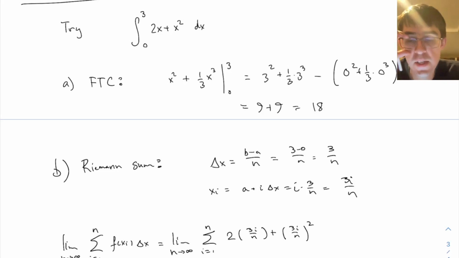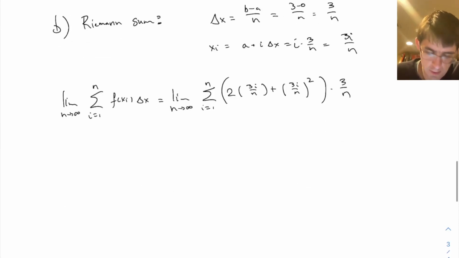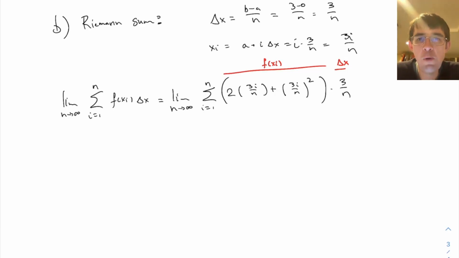Instead of x, I plugged in 3i over n. That's just f of xi. And then all of that times delta x, which is 3 over n. So this was f of xi, and this part right there was delta x. I had to plug in f of xi times delta x.